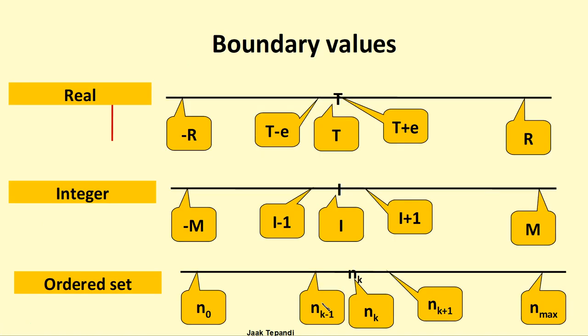For the boundary values, we could take values on the boundary and a little bit less, a little bit more than the boundary, and a very small value and a very large value for real numbers. For integers, we could take the boundary, one less, one more, large negative, large positive.